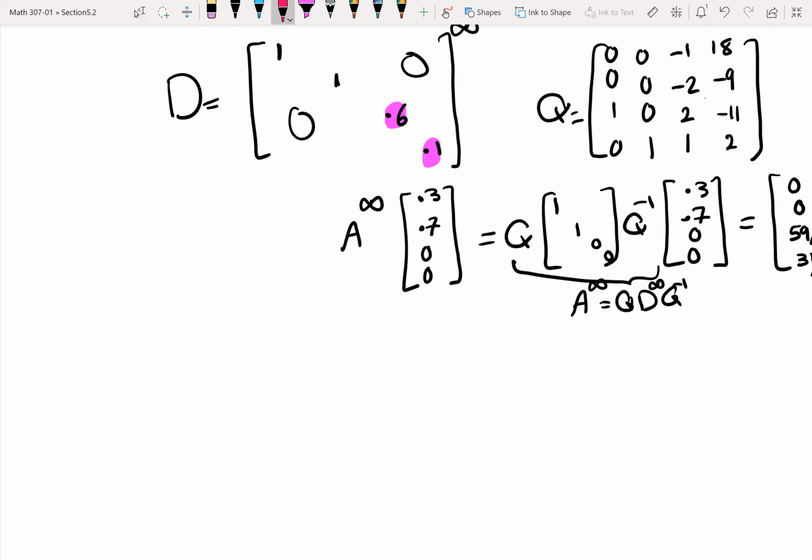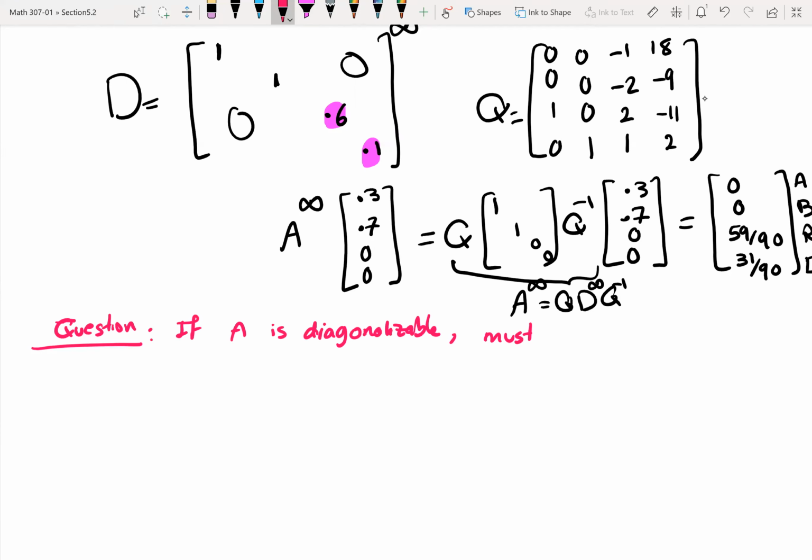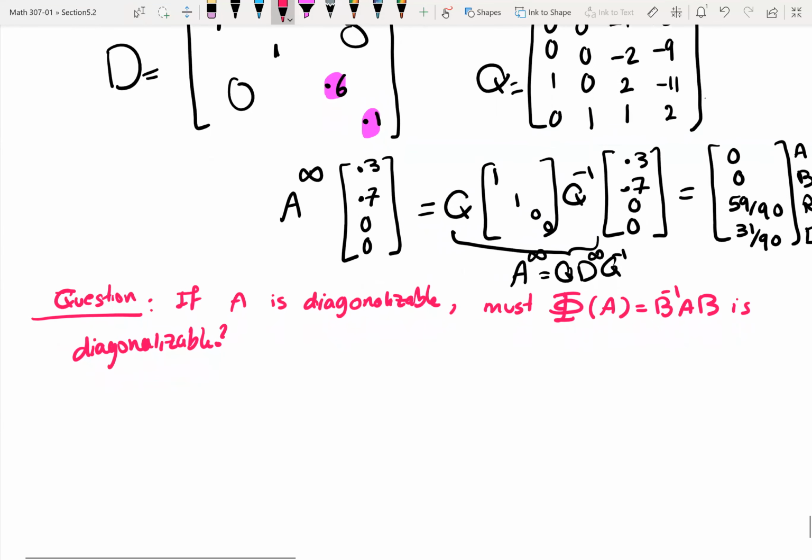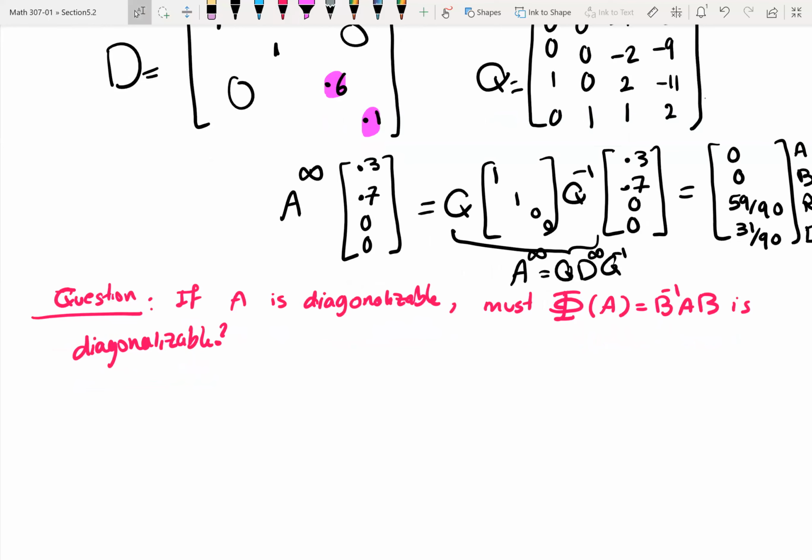And then do you think the transformation of this, by whatever is defined, is still diagonalizable? Any idea? If you start with a diagonalizable matrix, whether the transformation is going to be diagonalizable by the way that it is defined? Yes, no? Any idea?